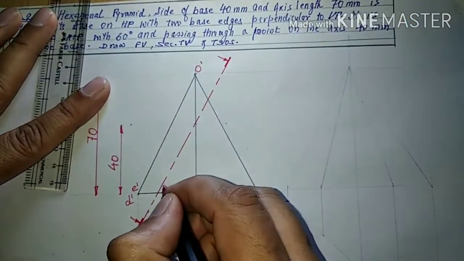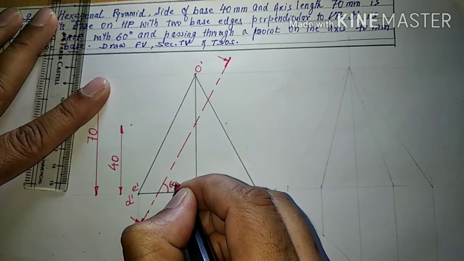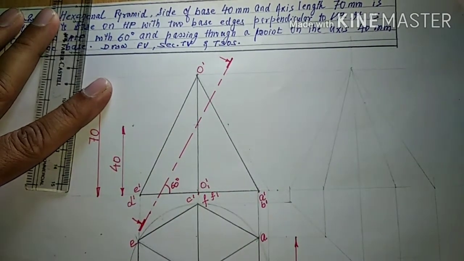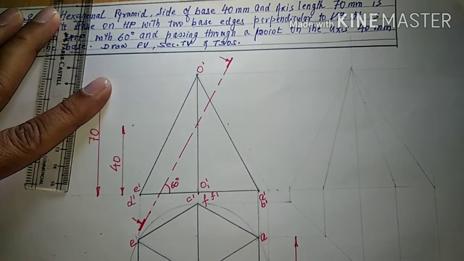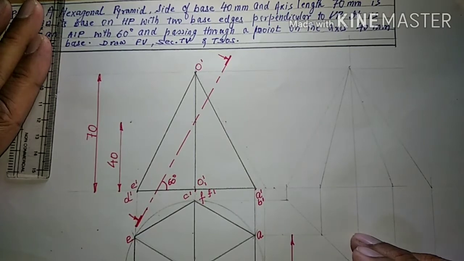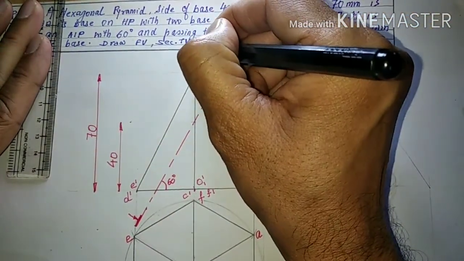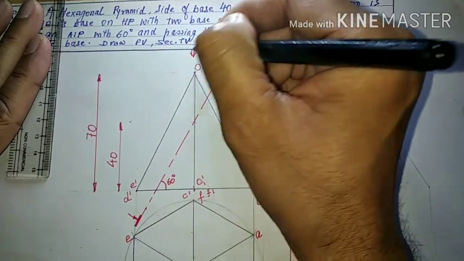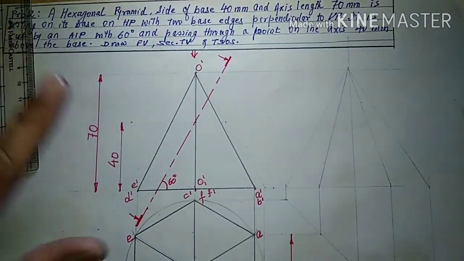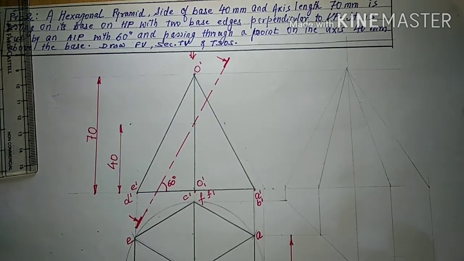The angle will be mentioned as 60 degrees. Once we pass this cutting plane line, this above part which is nearer to the observer will be removed, and the lower part, this part, will be retained.